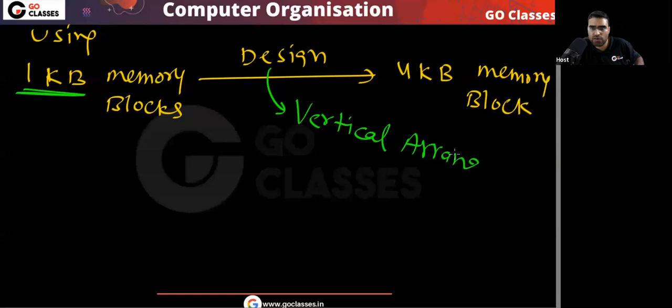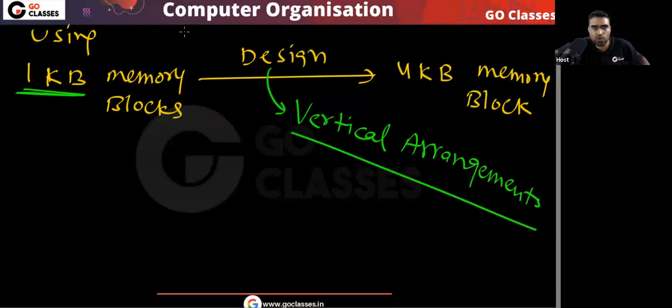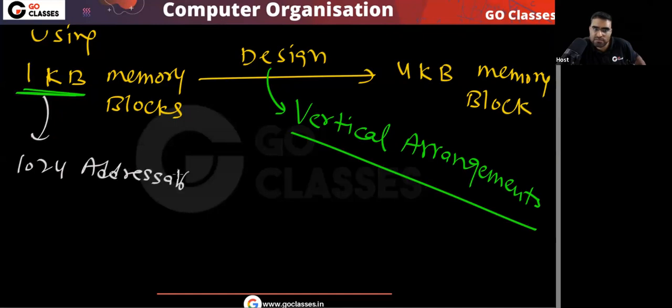Here you only have 1K locations, but here you have 4K locations. So you are basically increasing. Here you have 1024 addressable locations.